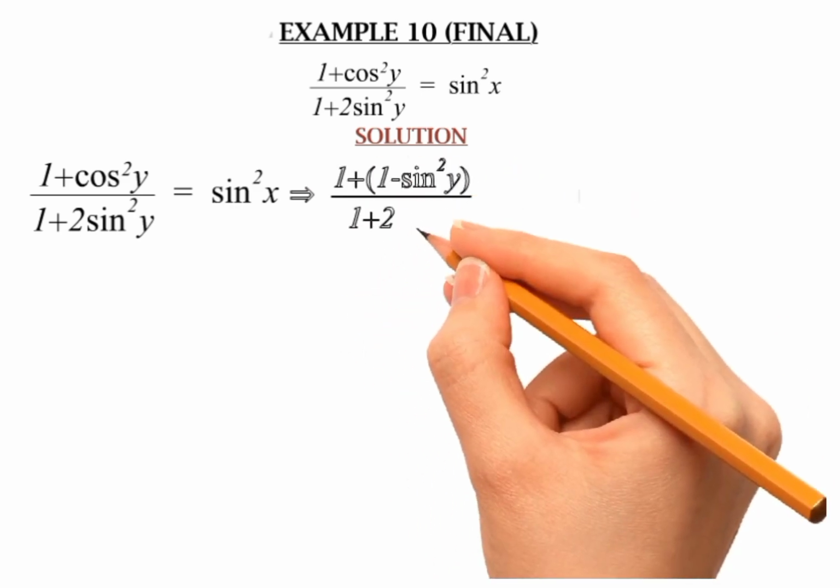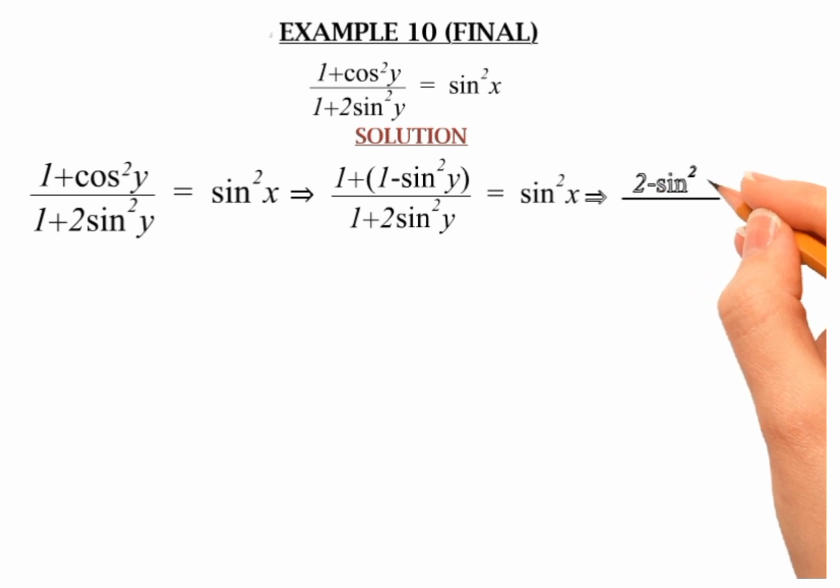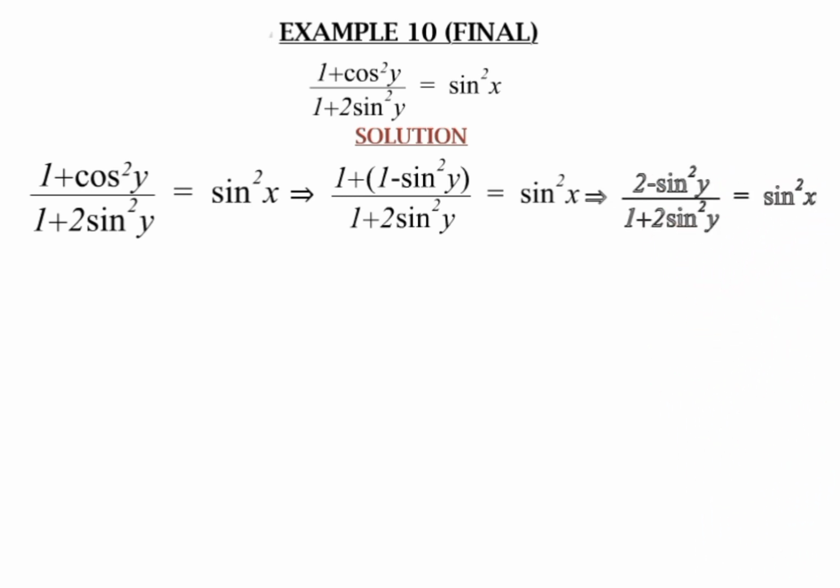Turn cos square y to 1 minus sin square y, then let's work towards sin square y. Follow the simplification keenly.